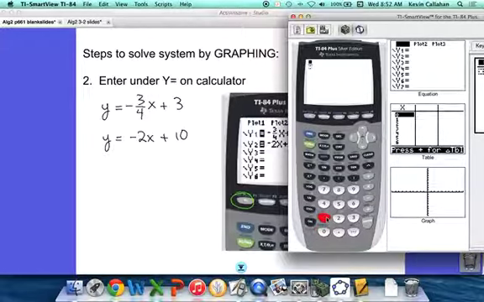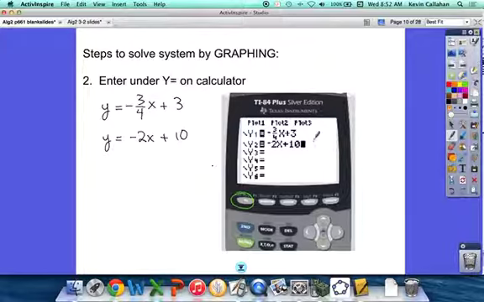You could just say negative 3x divided by 4. Either one is fine. But in any case, you want to have 2 equations on the calculator. Step 2. Got them in there?